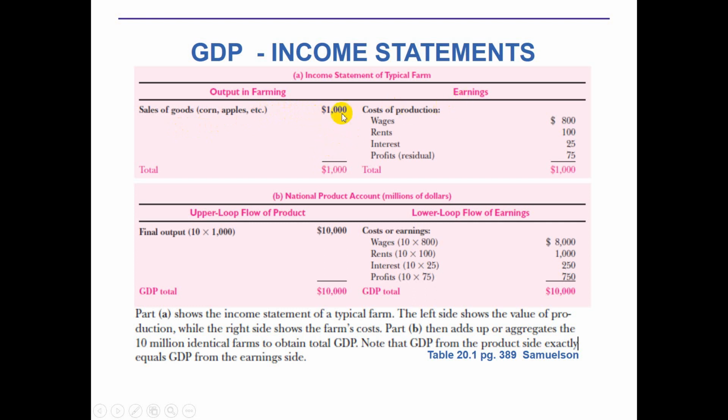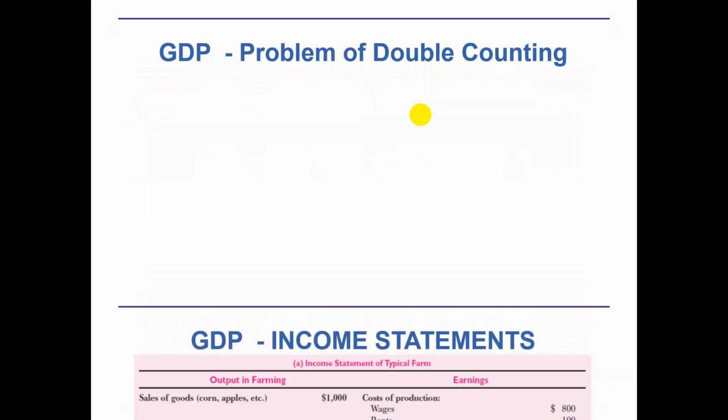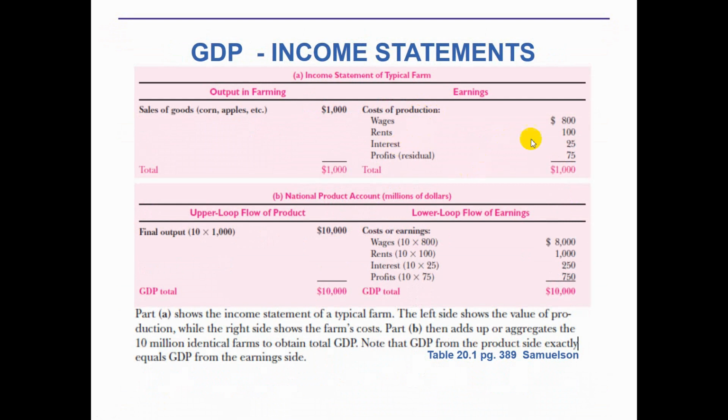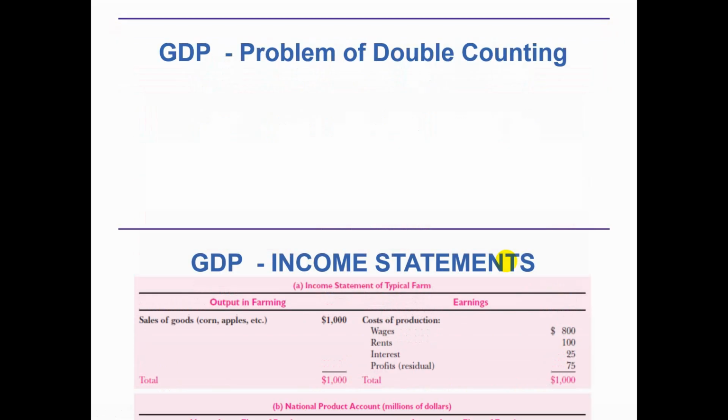On the other hand, to produce these goods, the farm owner pays money in wages, rents, interest, and his profit. All in all, this 1,000 is earning, and these are the output. In the same way we can check it for the entire economy. The left hand side shows the output, and the right hand side shows the earning. The left hand side must be equal to the right hand side. This is the rule of the income statement in accounting.